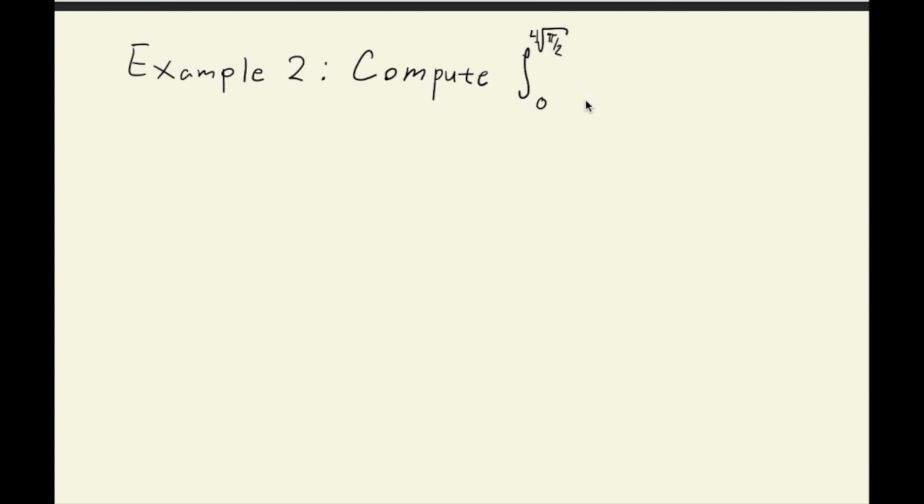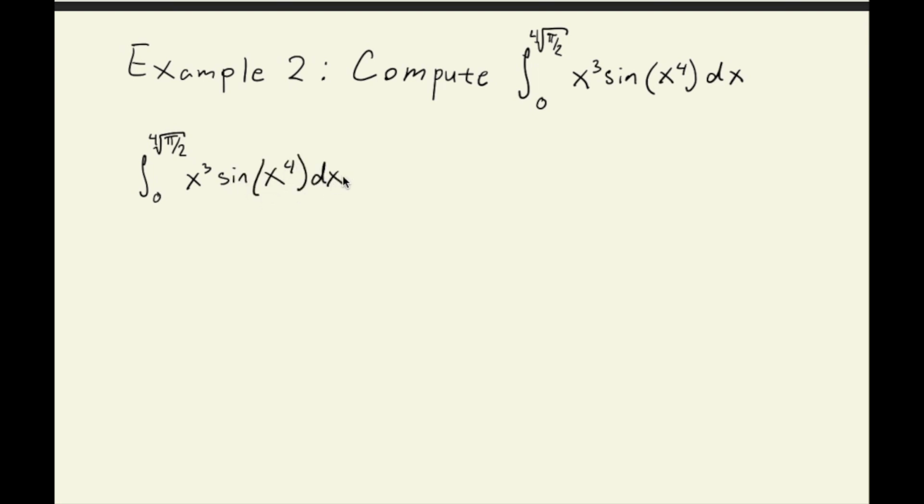And then here I'm going to do x cubed sine of x to the fourth dx. Okay, let me write it over here again. So integral from 0 to the fourth root of pi over 2 of x cubed sine x to the 4 dx.